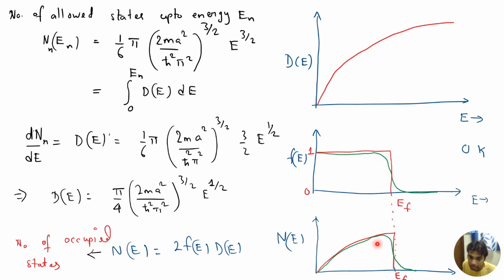So this red curve was for the case when the temperature was 0 Kelvin, and the green curve is when your temperature is more than 0 Kelvin, or you have some finite temperature.